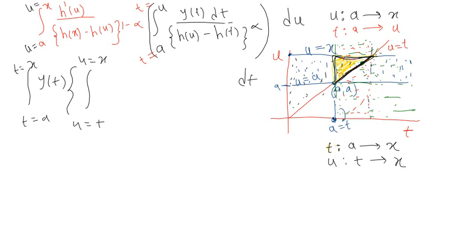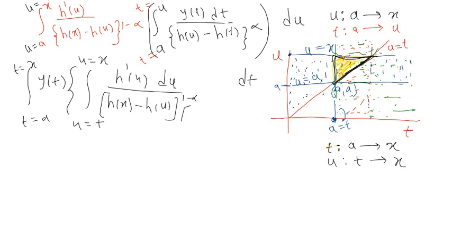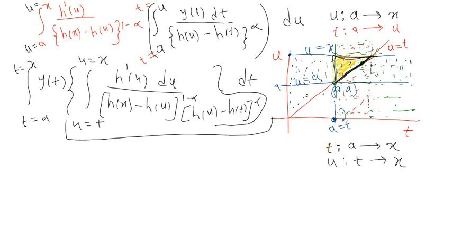Okay, and here it is h dash of u du divided by h of x minus h of u, this thing raised to 1 minus alpha into h of u minus h of t raised to alpha. Okay. So this full thing in one bracket, and outside it is dt.